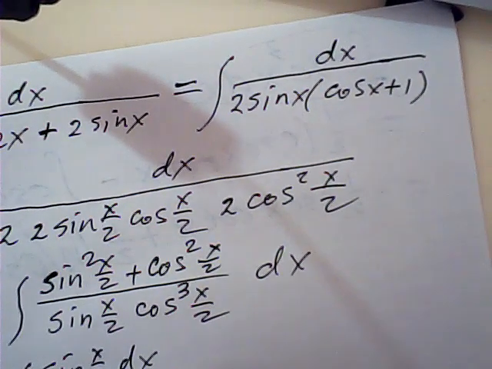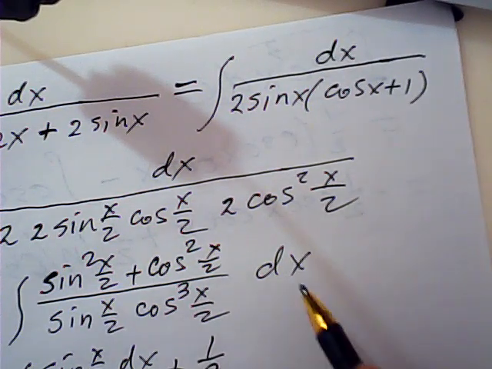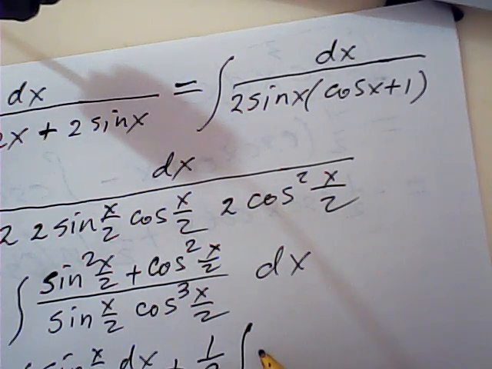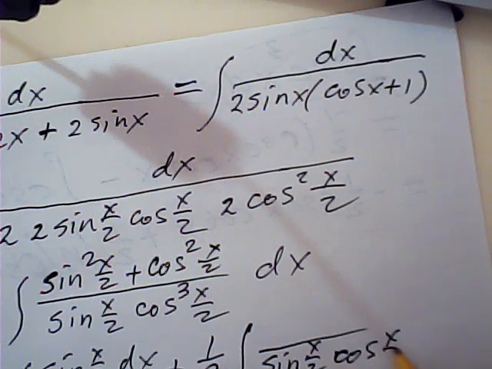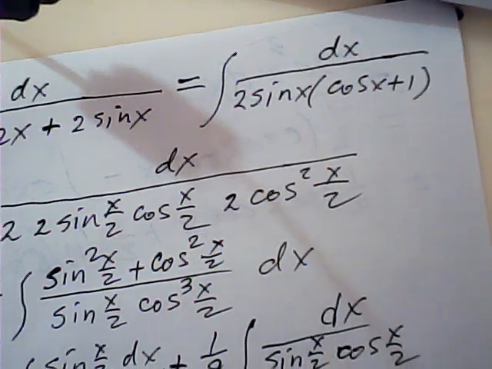And the second one becomes 1/8, right? This is sine half x and cosine half of x dx.